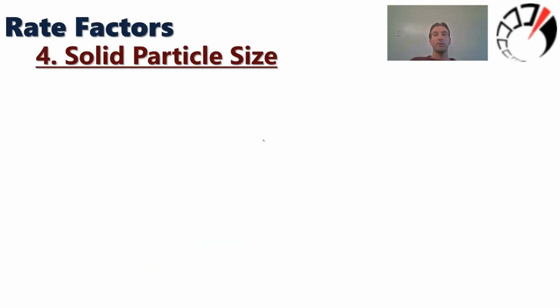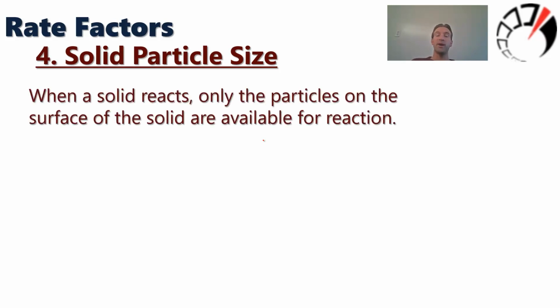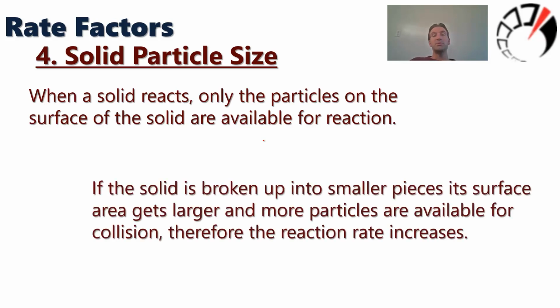Next, we want to talk about particle size. When we have solids that are reacting, it's important that we understand that particle size is a factor. If I have large particles, only the outside edge of those particles is going to be available to react with some other reactant that's present in the solution. What this means is if we take the time to break this particle up, if I take a large crystal and grind it with a mortar and pestle, let's say, then I'm able to expose more of the surface.